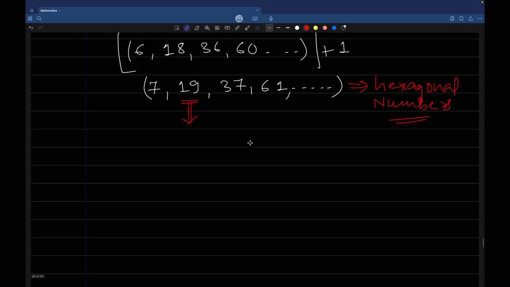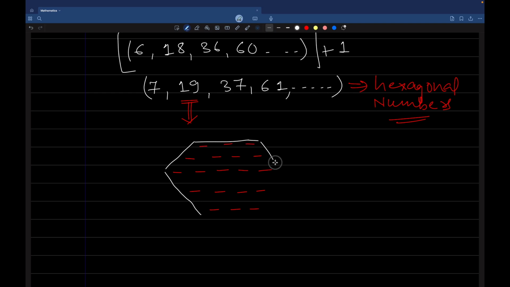If we try to represent this 19, we get 5 in the middle layer, then 1, 2, 3, 4 in the upper and lower layer, and then 1, 2 and 3. Now if we make the shape, we get a hexagon, and if we add all these numbers, that is 3 plus 4 plus 5 plus 4 plus 3, we get 19.